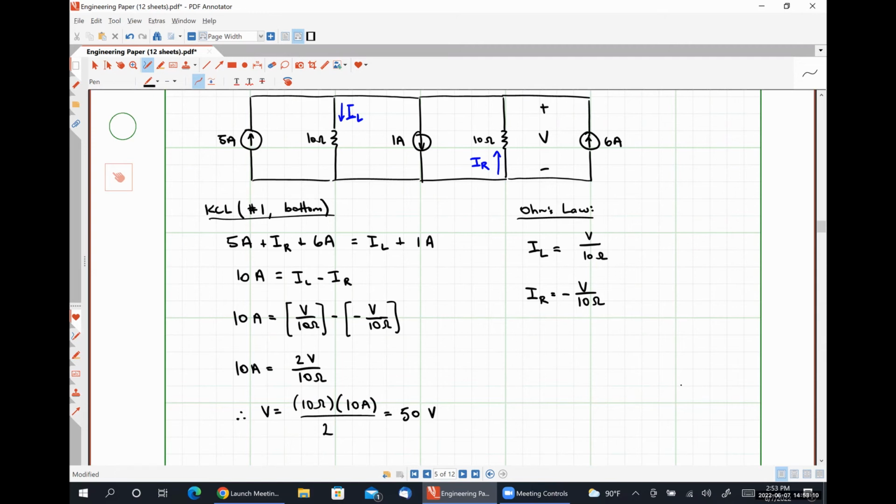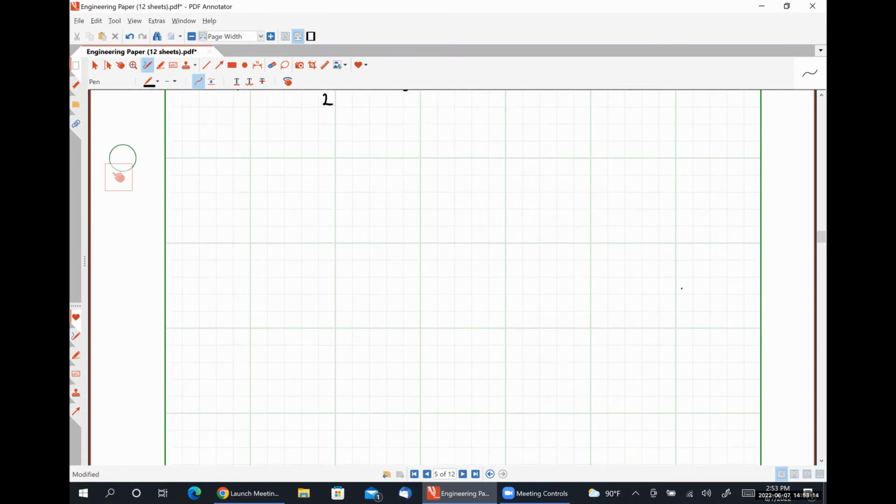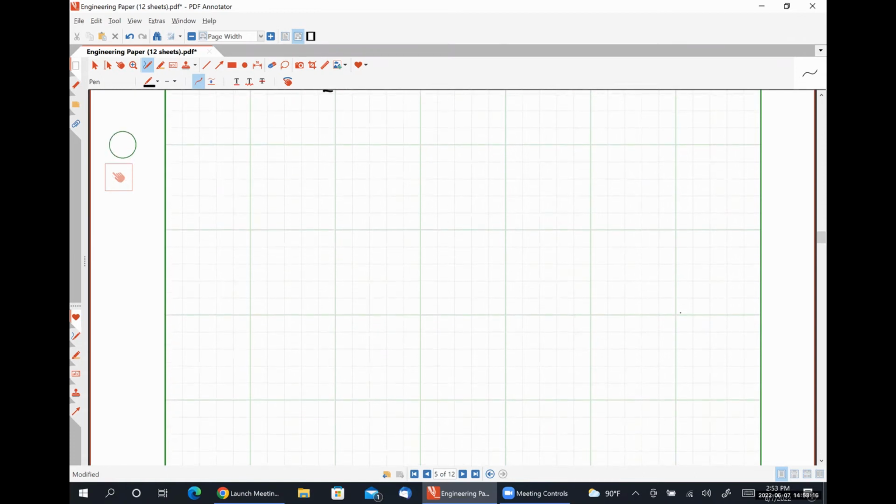So let's look at one other quick example before we move along. In this case, we're going to have a circuit in which all of the elements are connected in series, and observe something. Okay.